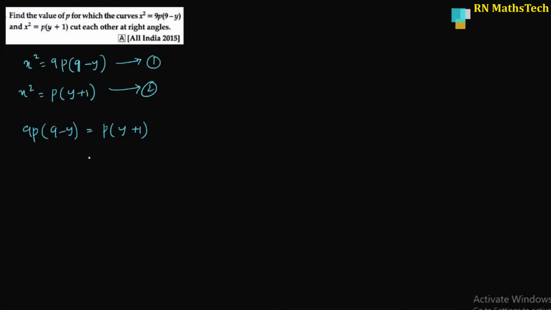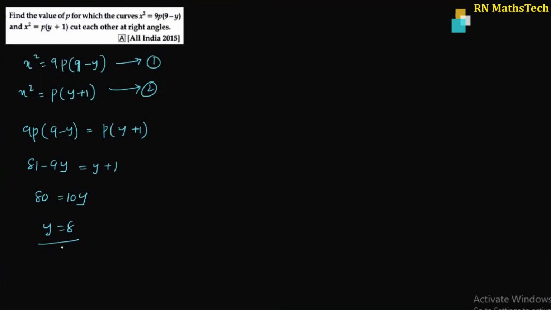Okay, that is p get cancelled. 81 minus 9y is equal to y plus 1, or 80 equal to 10y, y is equal to 8. Okay.